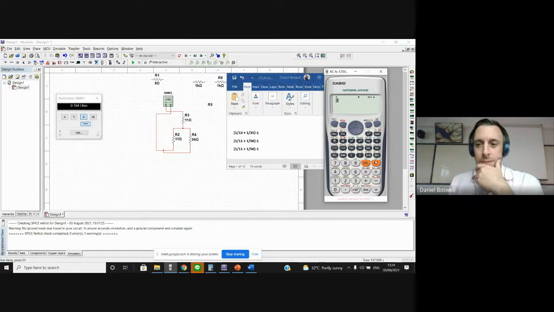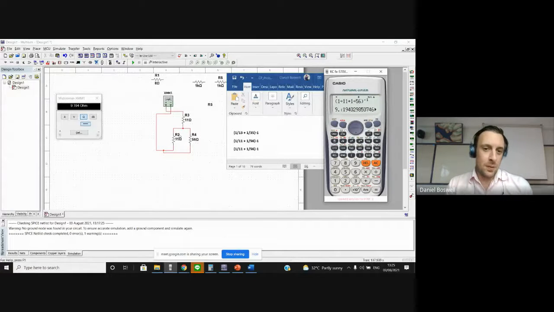One minute. 1 divided by 11 plus 1 divided by 56, to the power of negative 1. We then have 9.194.